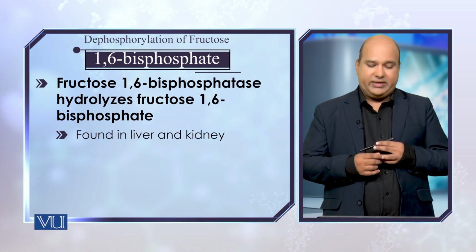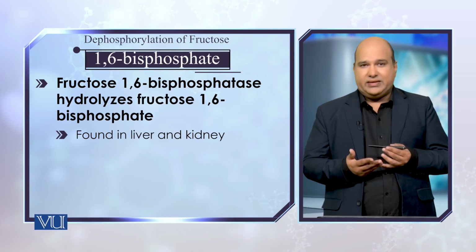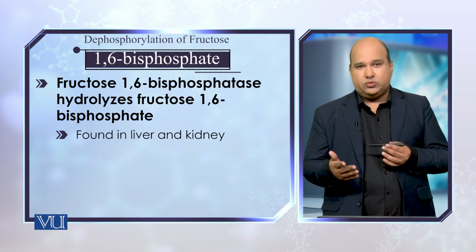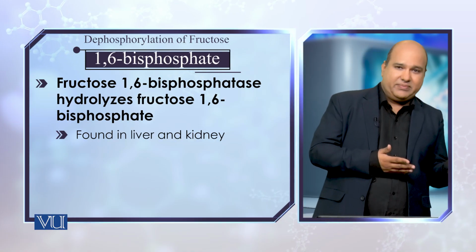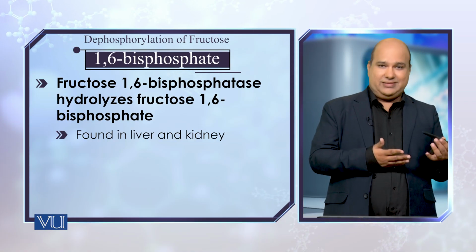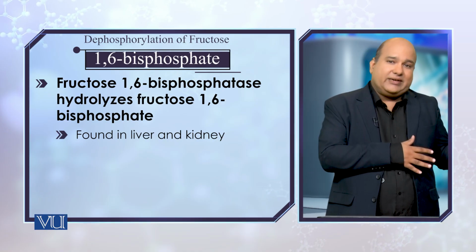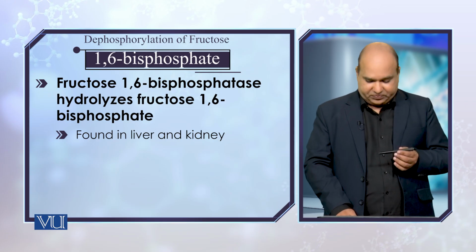This enzyme is found in liver and kidney because gluconeogenesis takes place excessively in liver and also kidney. We have already told you, in normal fasting condition 10% is by kidney and 90% takes place in the liver, but in excessive fasting it goes to about 40% gluconeogenesis in the kidneys.